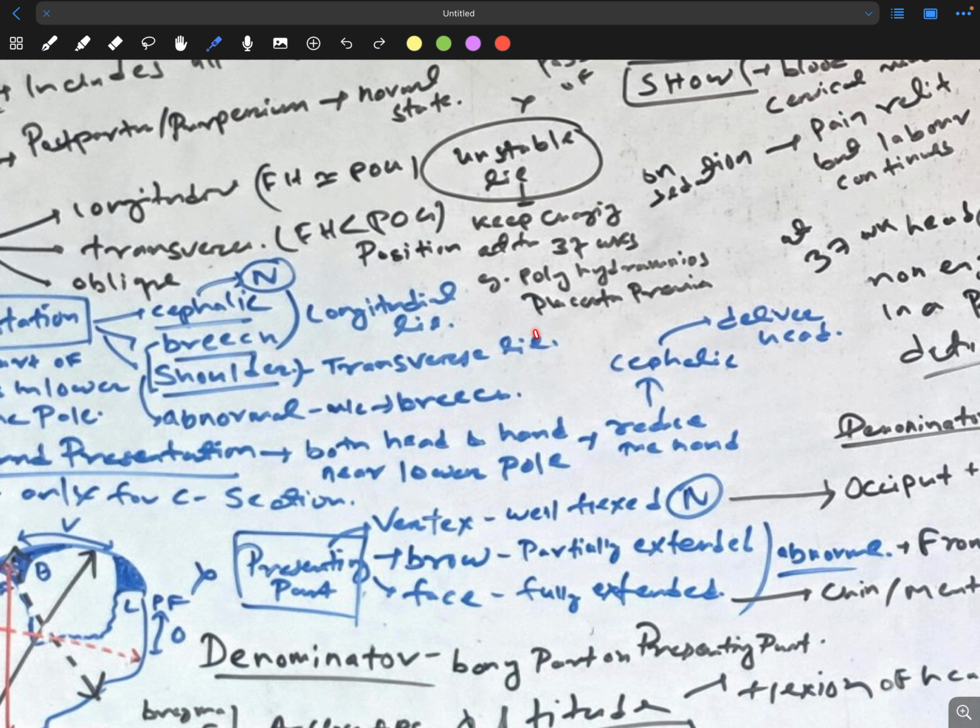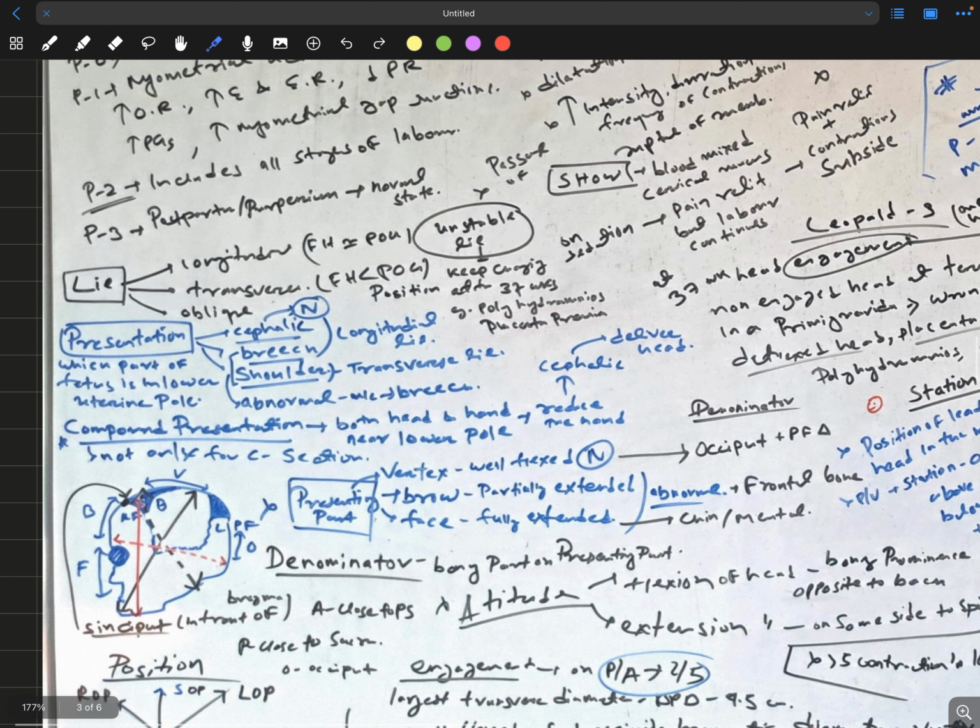If there is placenta previa, the placenta is present in the lower location, so the baby cannot come to its normal position, so its position keeps changing after 37 weeks. So unstable lie we see in two conditions: one is polyhydramnios, another is placenta previa.